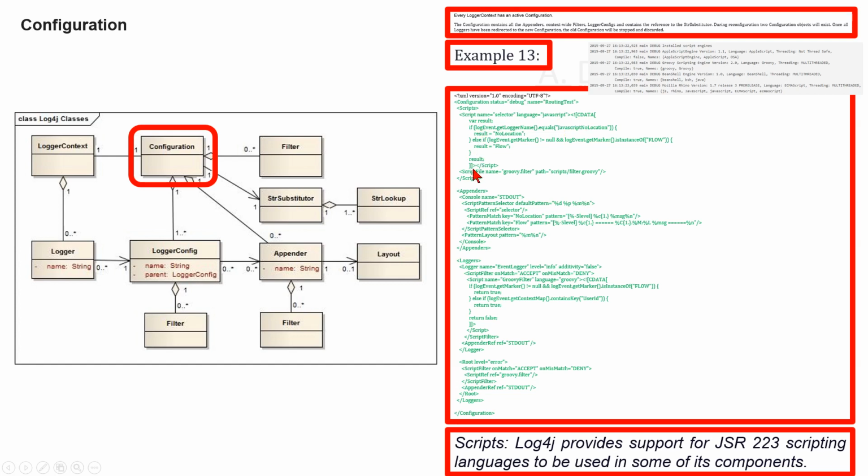The script file element contains the name of the script, its location, its language, its charset, and whether the file should be watched for changes.